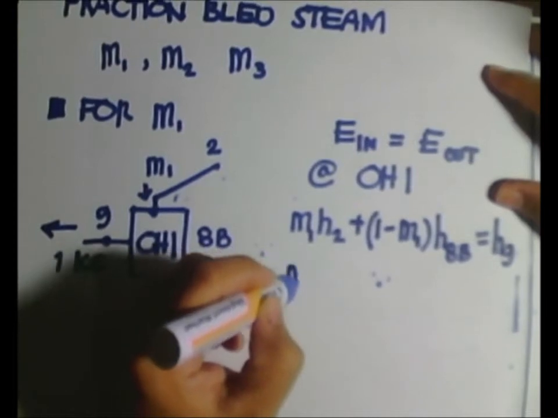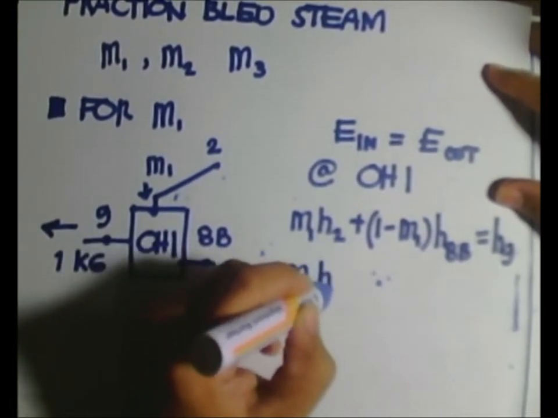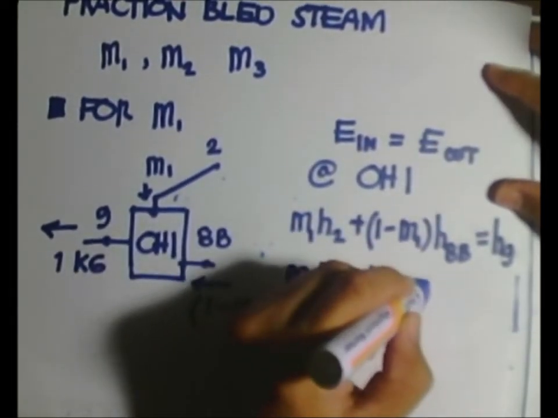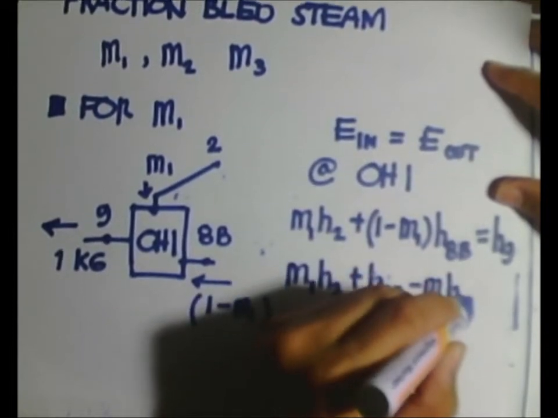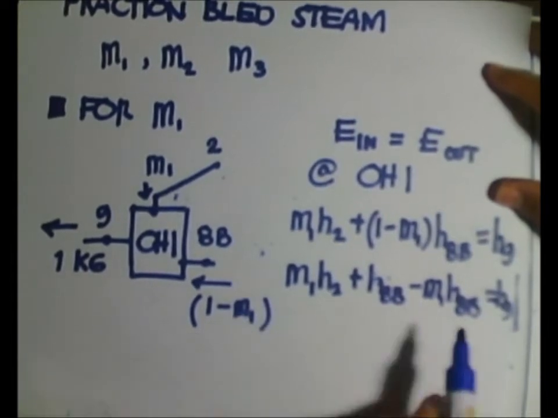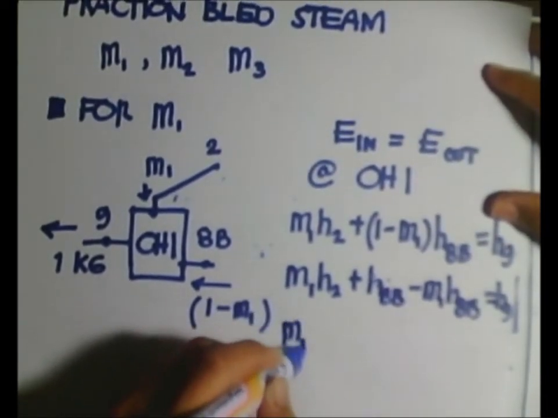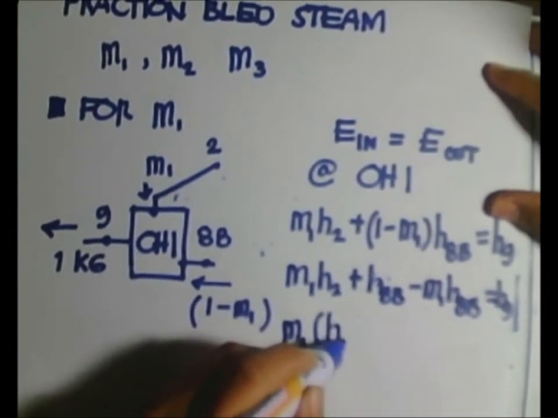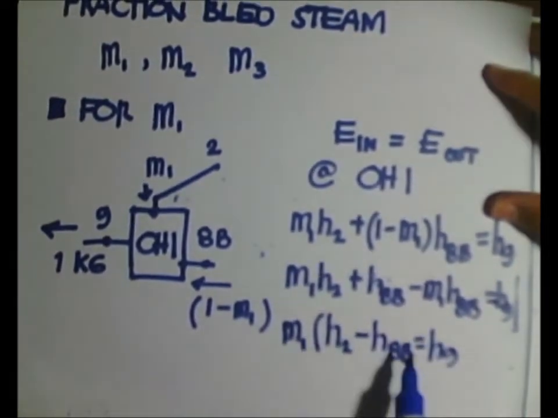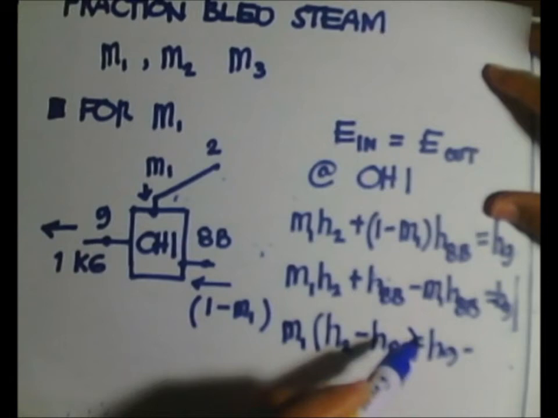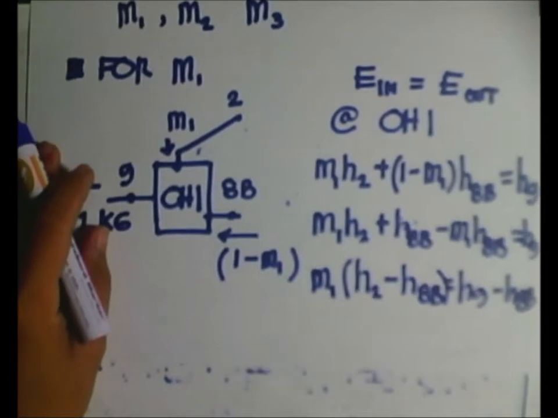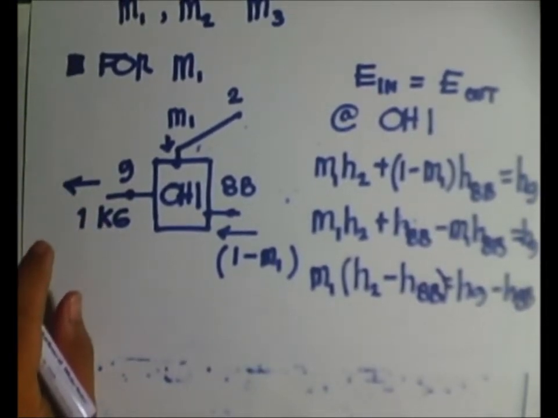So we would like to simplify this. And clearly from here, you can collect M1 and you have M1 times H2 minus H8B equals H9 minus H8B. So let's take it from there.